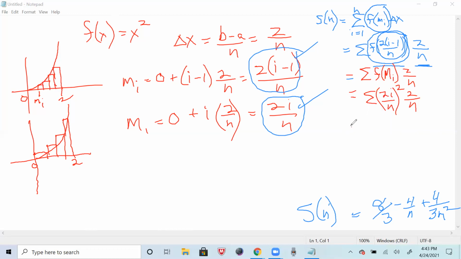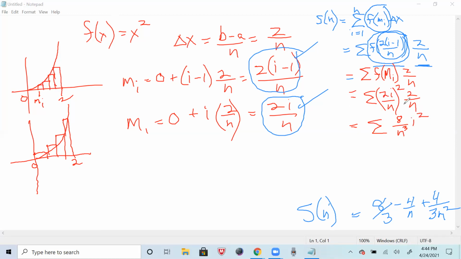And this one actually becomes a little easier because the algebra isn't so hard. Notice that that 2 times I minus 1 makes the algebra a lot harder. But if you're using right endpoints, we don't need to do that. And this comes down to 8 over n cubed times I squared.